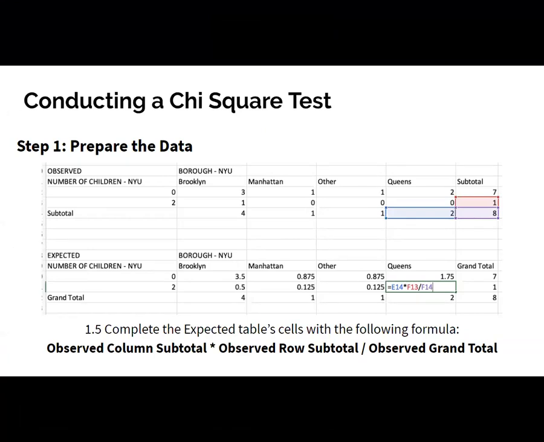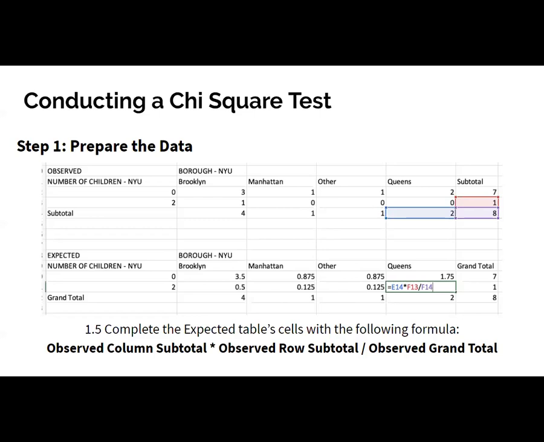So in order to calculate the data in there, we're looking at the observed column subtotal times the observed row subtotal, and we divide it by the observed grand total. So we're looking at number of children two within Queens. That's where we're doing the calculation, and we're pulling from the observed table up here.